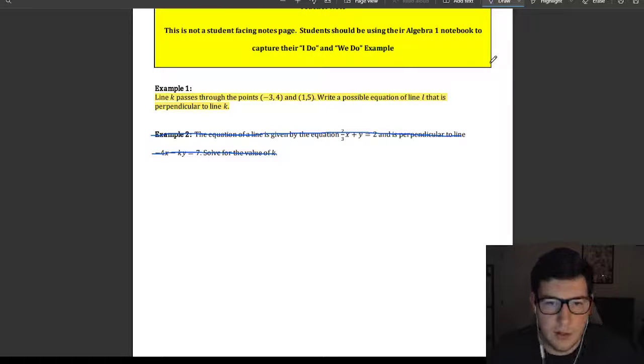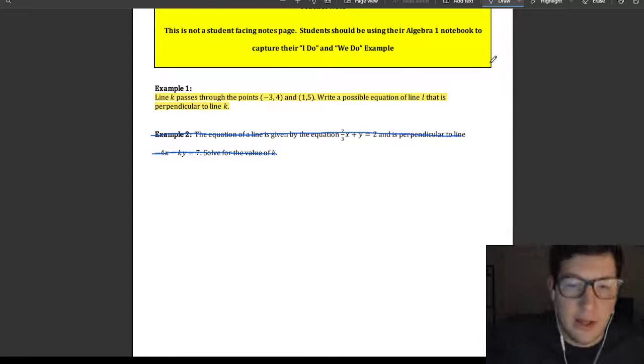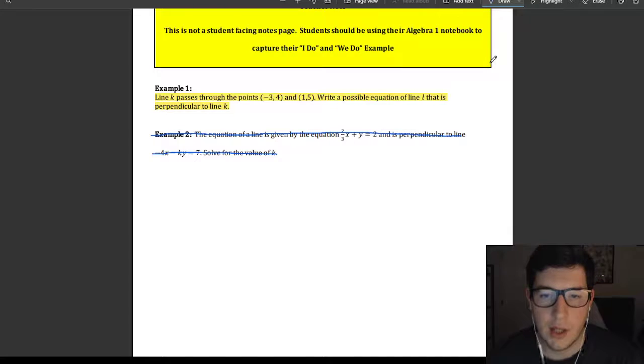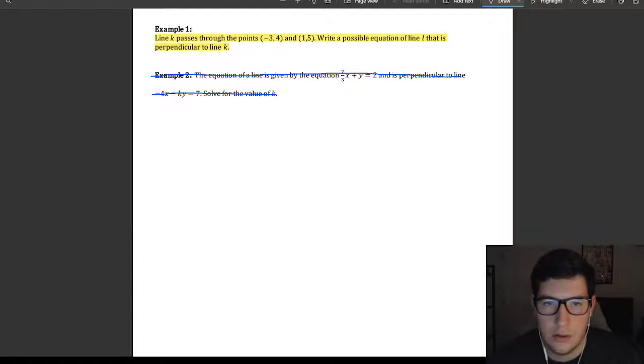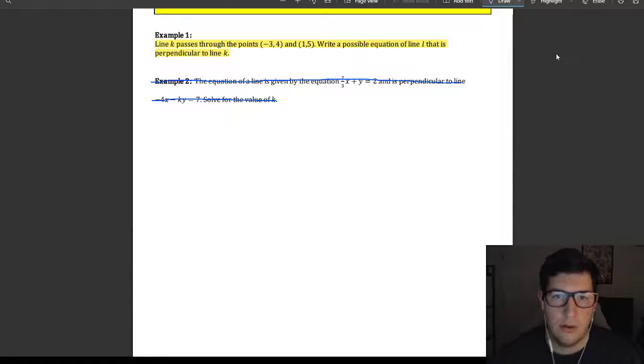Example 1 says that line K passes through the points (-3, 4) and (1, 5). We need to write a possible equation of line L that is perpendicular to line K. So go ahead and make sure that you have this down. I'm going to ask that the video get paused, and then once everyone has this down, you can go ahead and play again.